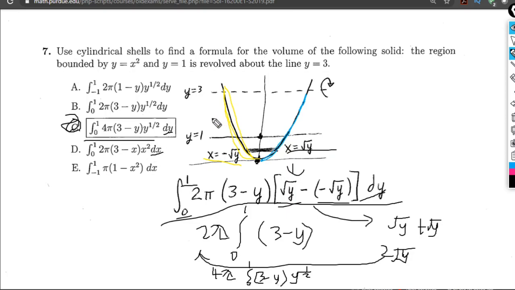If you know it has to be dy, you can instantly cross out D and E. Then this one is not the right bounds and not the right radius, and you can get the equation looking something like this. Then you can tell if it's 2 pi or 4 pi.